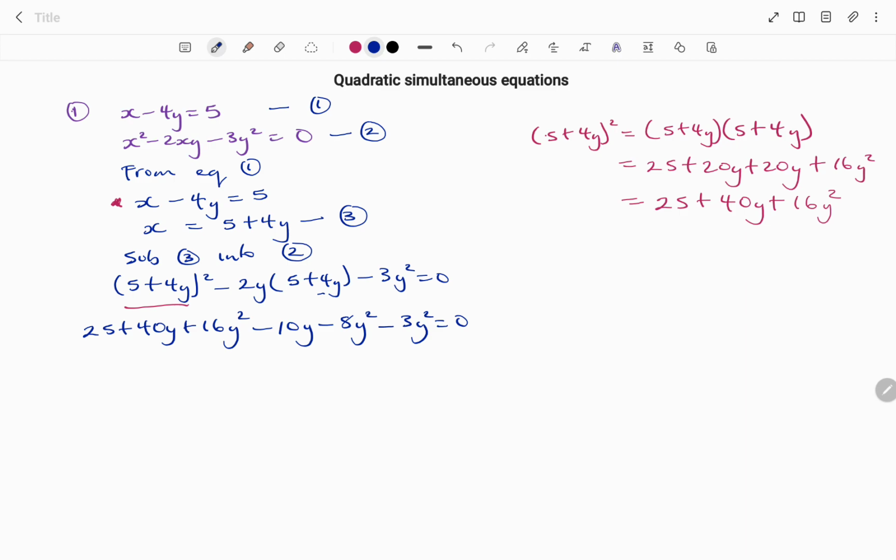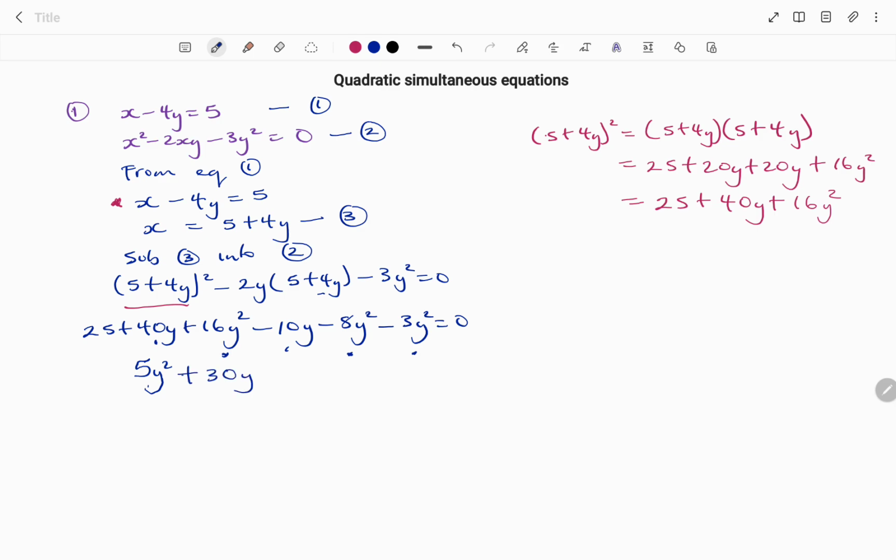Collecting like terms, 16y squared minus 8y squared, that's 8y squared, minus 3y squared, that's going to be 5y squared. Then I have 40y minus 10y, that's plus 30y.